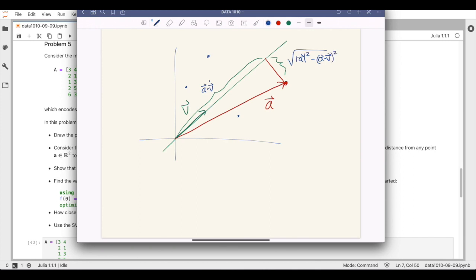So the sum of squared distances is going to be the sum of this expression here over all the points. So it's going to be the length of a1 squared minus (a1 dot v) squared, plus the length of a2 squared minus (a2 dot v) squared, and so on, up to a5.